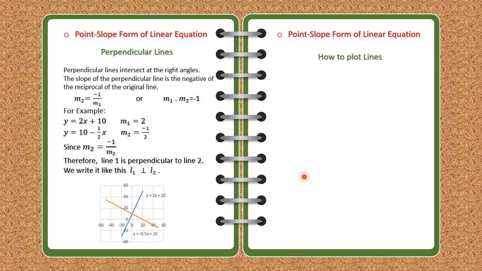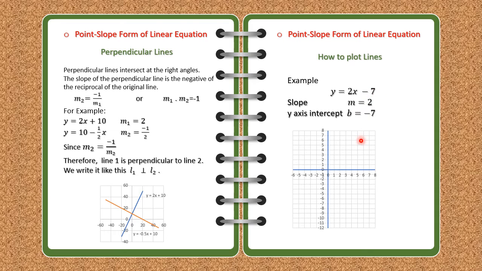Now, how to plot lines? Example: if I have the equation y equals 2x minus 7, from this equation I can see the slope is positive 2, and I can also find that the intercept with the y-axis is -7. First I will draw the intercept point, which is here, (0, -7).